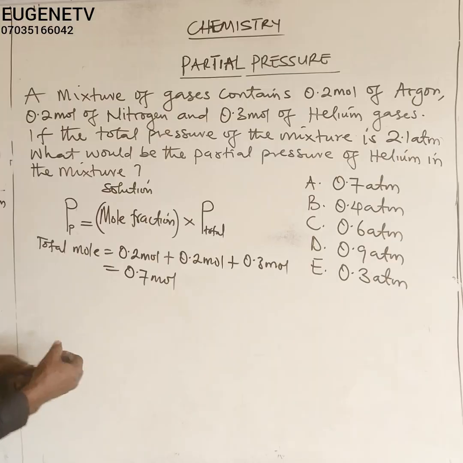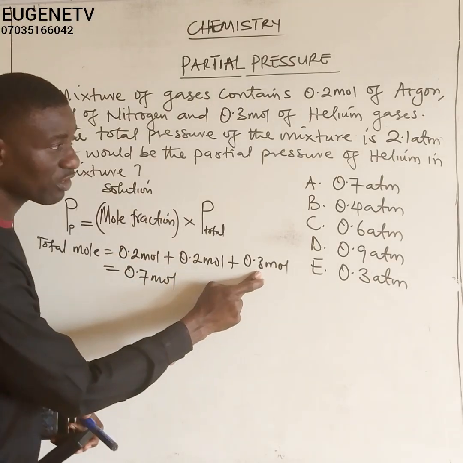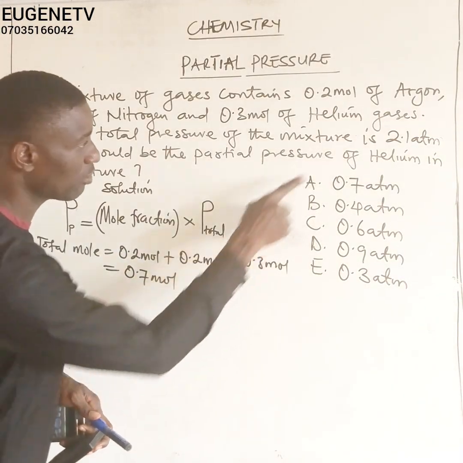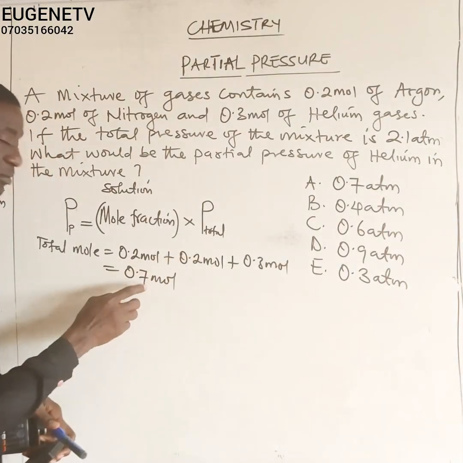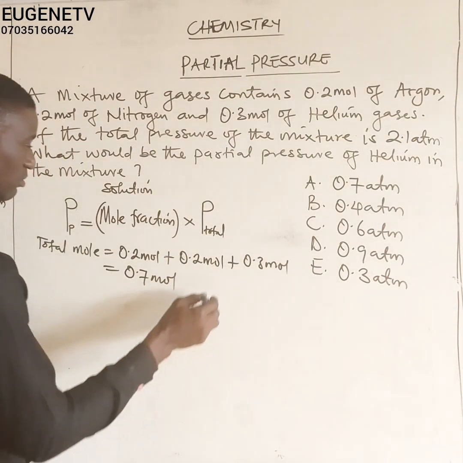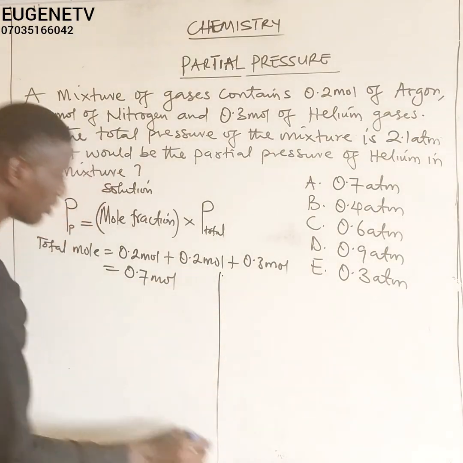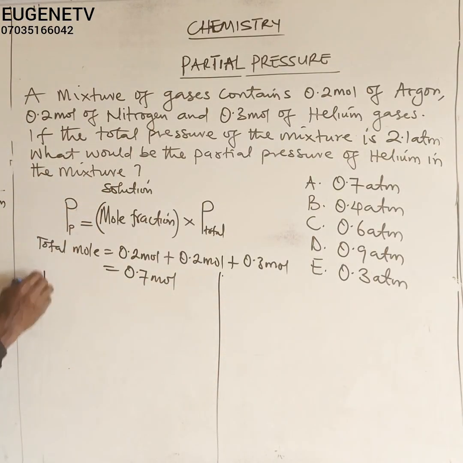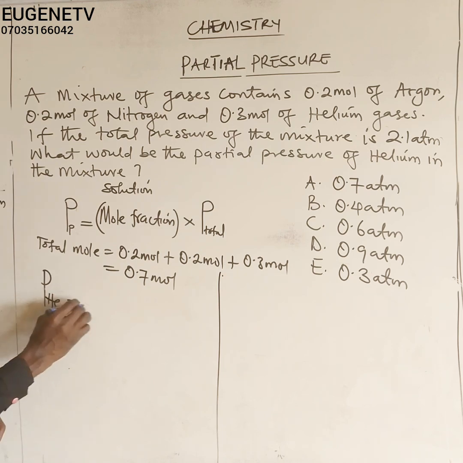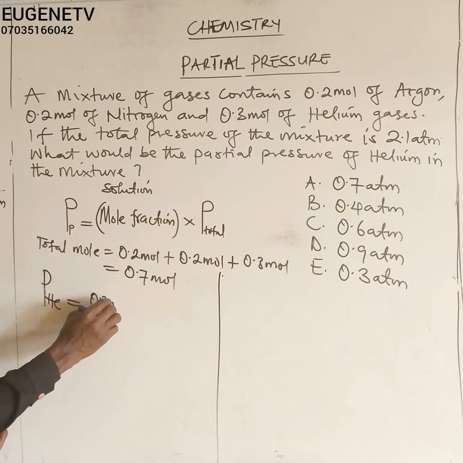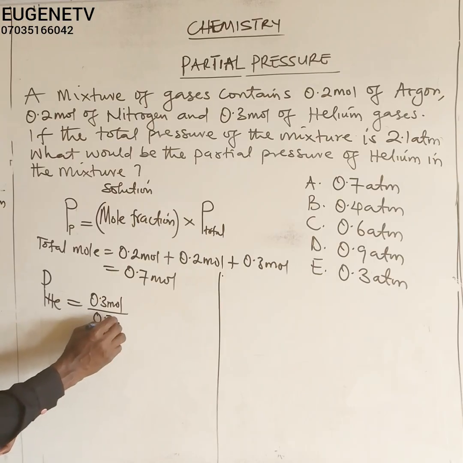So how do we get mole fraction? We simply take the mole of helium gas and divide it by the total mole of the gas mixture, and then multiply by the total pressure. So the partial pressure of helium, P helium, is equal to the mole of helium, 0.3 mole, divided by the total mole of the mixture, 0.7 mole.